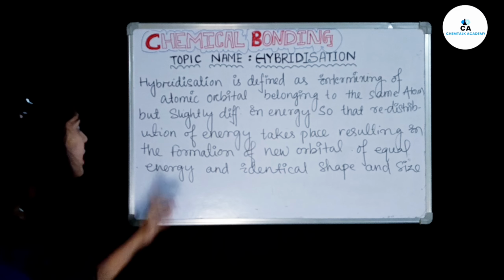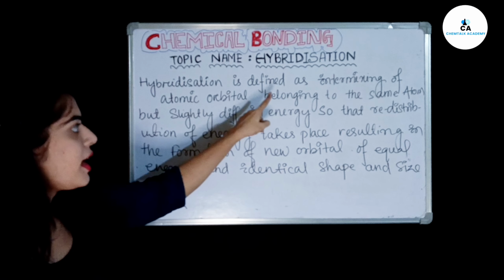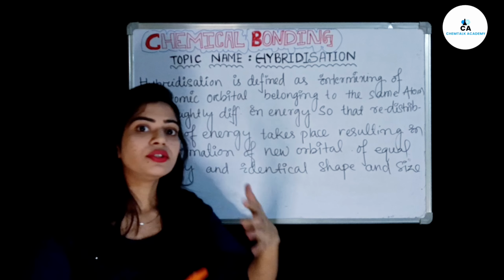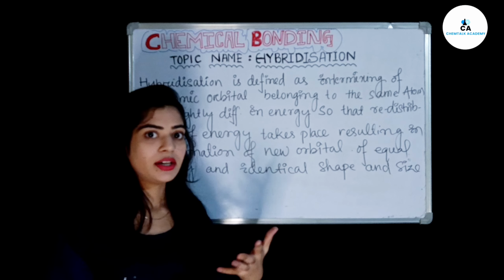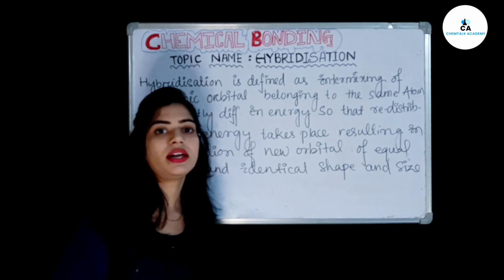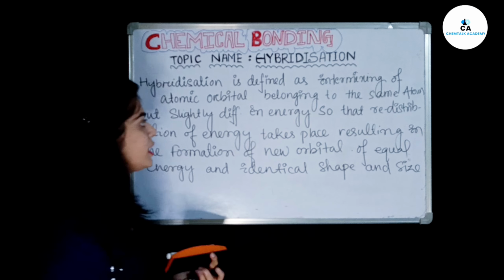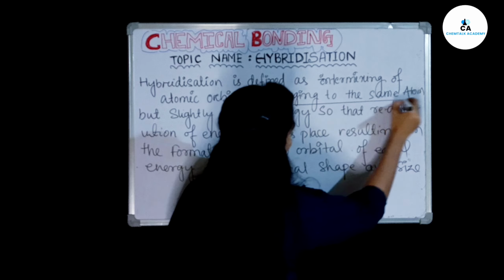Okay, once again I am reading. Hybridization is defined as the intermixing of atomic orbitals. It means we have to mix the atomic orbitals. Here one very important line is belonging to the same atom.